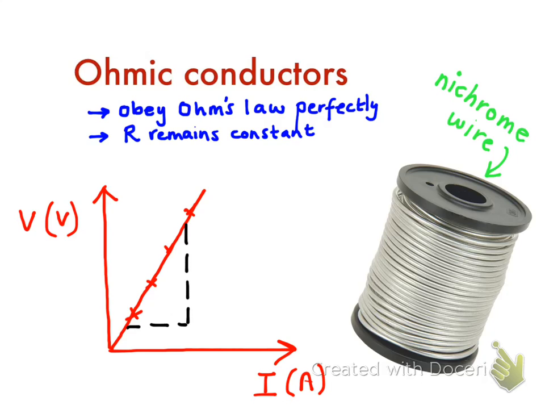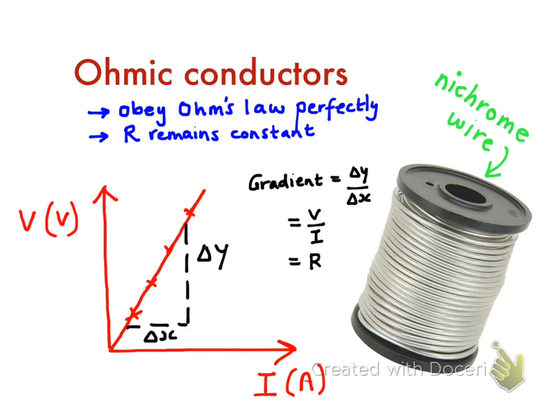And if we determine the gradient of that graph, gradient is change in y over change in x. In this particular graph, our y-axis is voltage, our x-axis is current, so the gradient would be V over I. And Ohm's law tells us that that obviously is R. So an ohmic conductor is a conductor that has a constant resistance and gives us a straight line VI graph with a constant gradient, and obviously that gradient is the resistance.